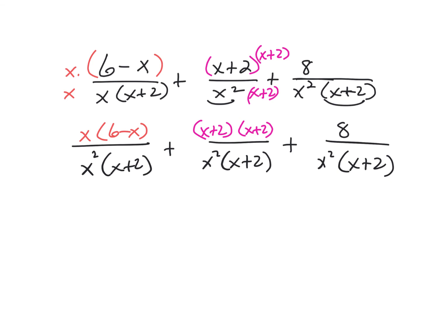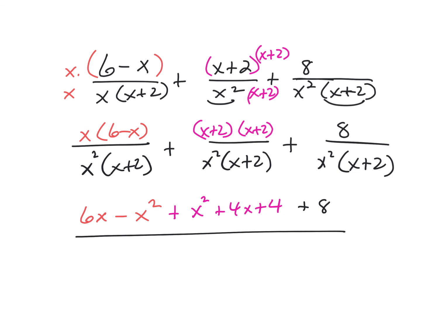Now, the pink and the red need to be distributed and FOILed. So the red is going to become 6x minus x squared. The pink, I'm FOILing that, and that's going to become x squared plus 4x plus 4. And then I have my plus 8. It all has the same denominator now.